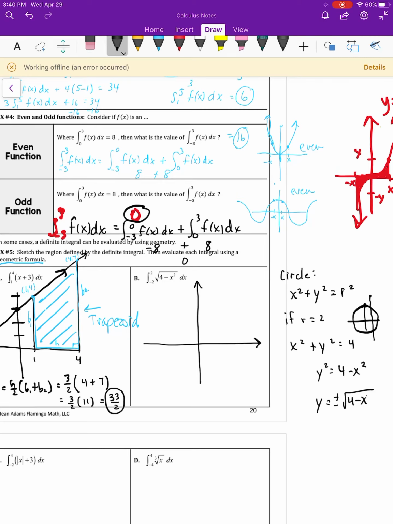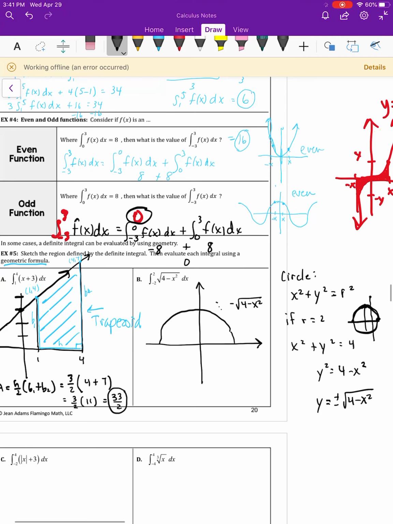I can solve for y equals plus or minus the square root of 4 minus x squared, and I can look at it as the top function, which would be the one that we're looking at here. This is going to be y equals the square root of 4 minus x squared. And that's the top of it, and the bottom of it is the negative one.